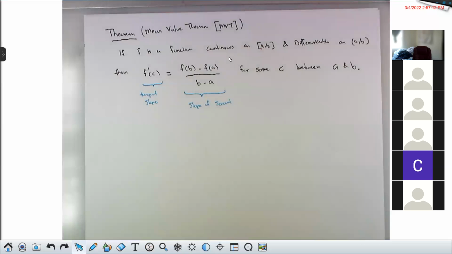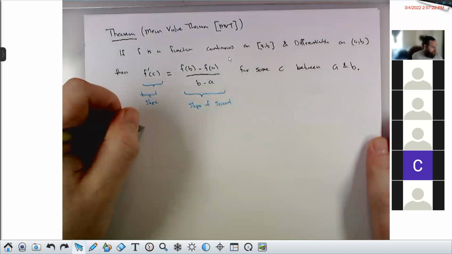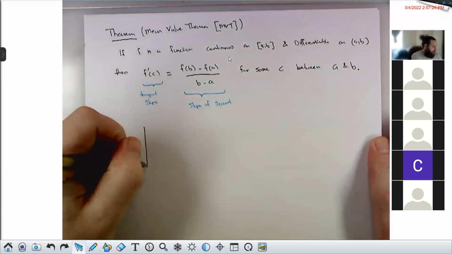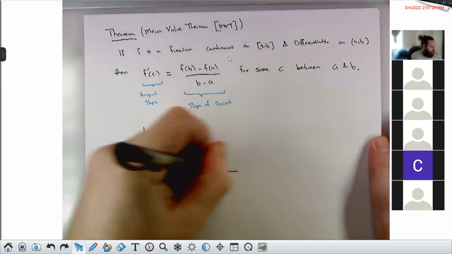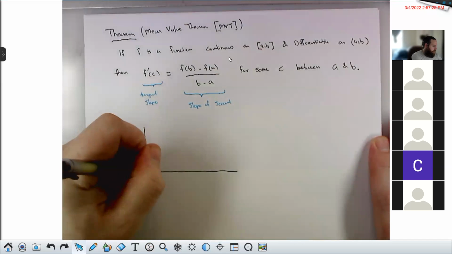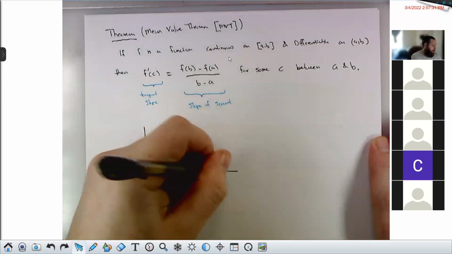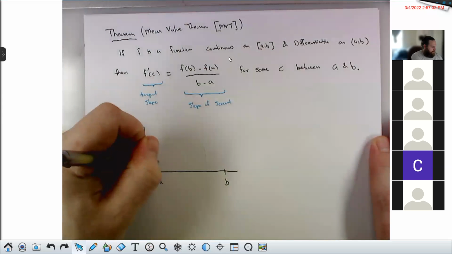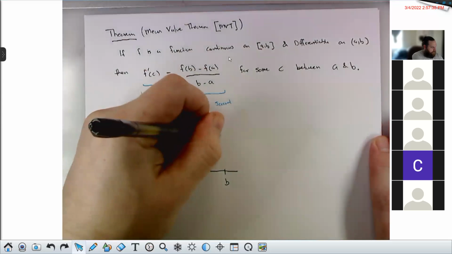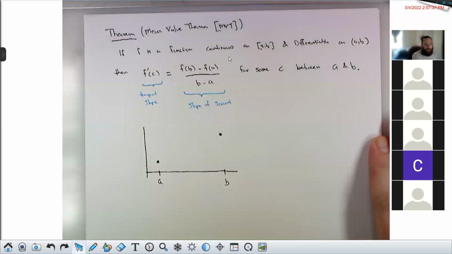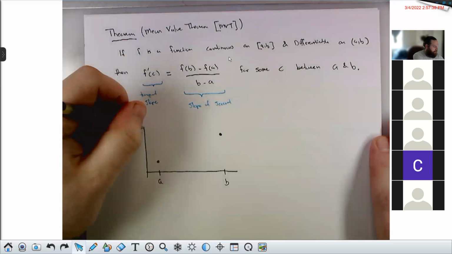Okay. So what's the picture here? Same sort of setup. Only now f(a) and f(b) don't have to be at the same height.